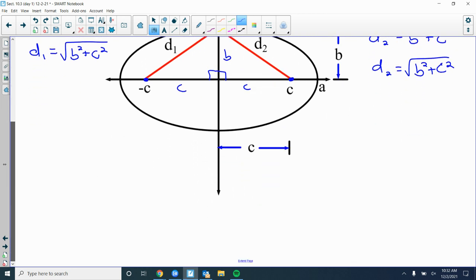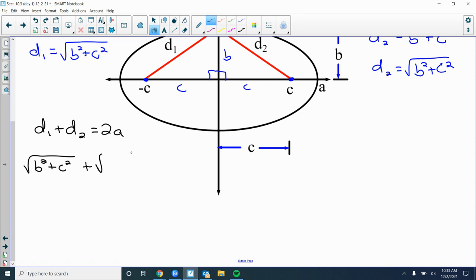All right, now I'm just going to do it over here. We said that d sub 1 plus d sub 2 has to equal 2a. Replace d sub 1 with the square root of b squared plus c squared. Replace d sub 2 with the square root of b squared plus c squared. What is the square root of b squared plus c squared plus the square root of b squared plus c squared equal?